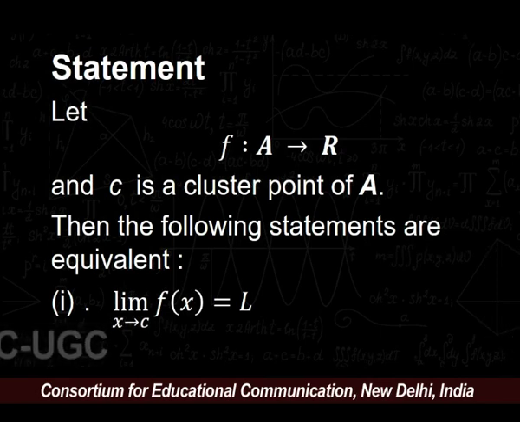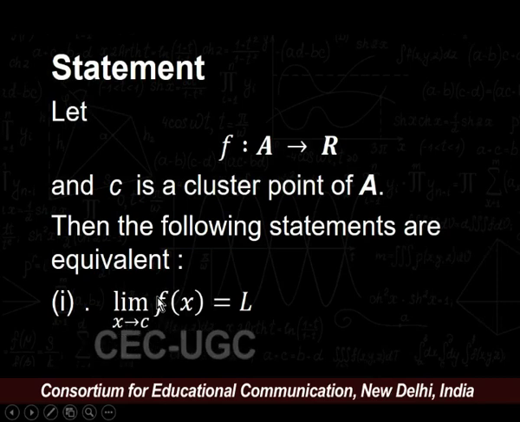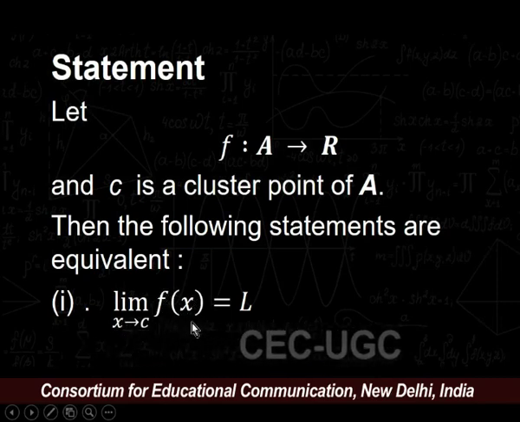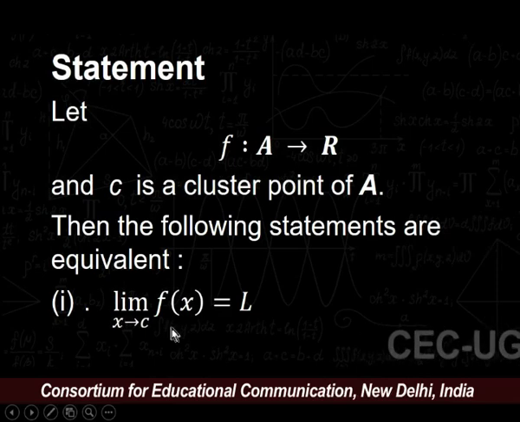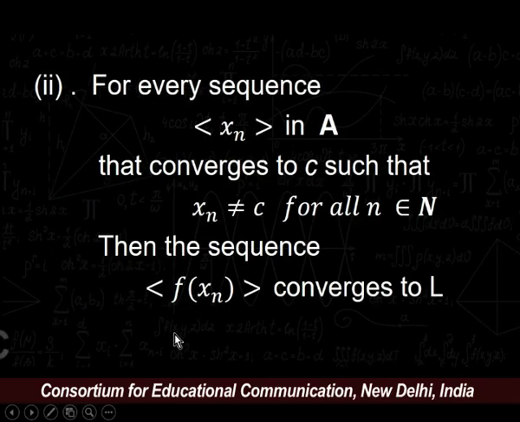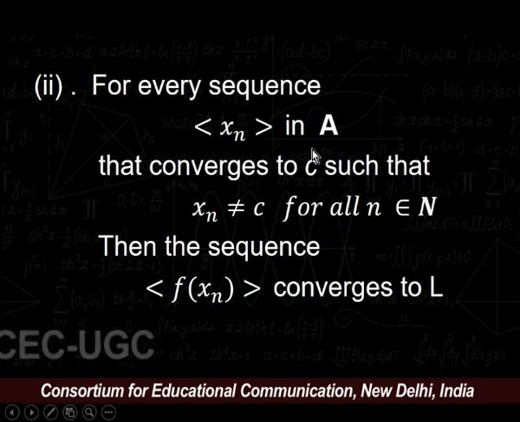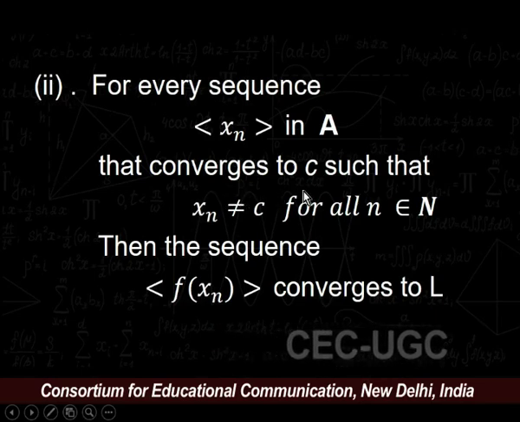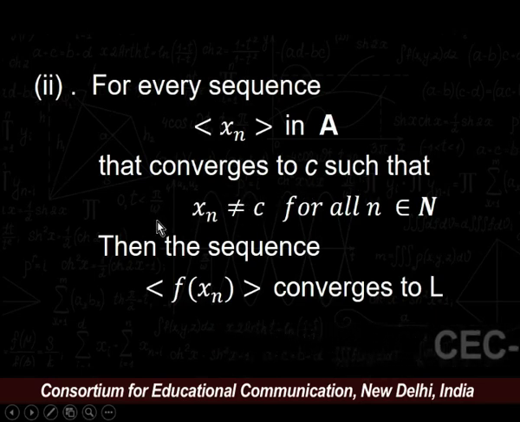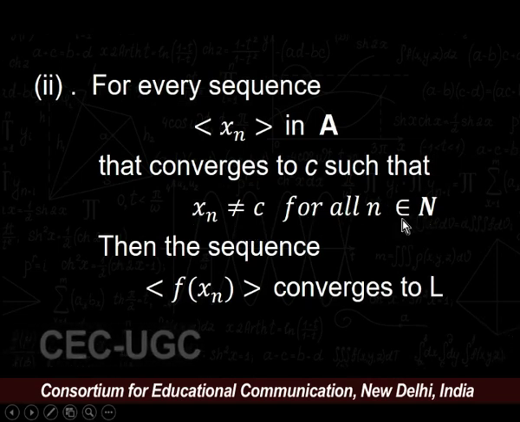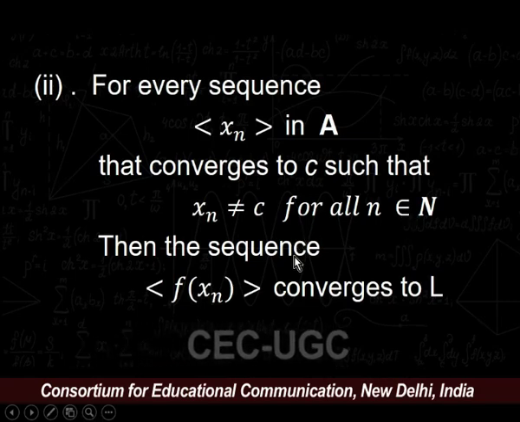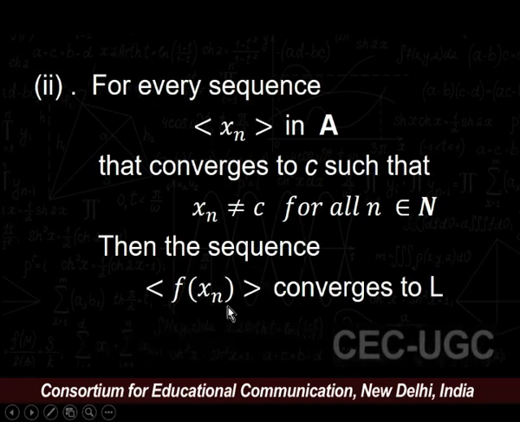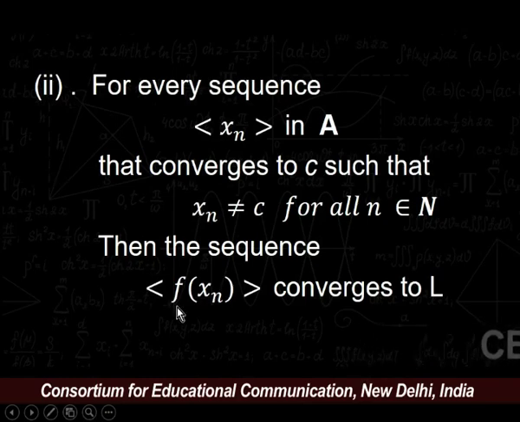Our first statement is the limit of a function f is equal to L at point C, and for every sequence xn in A that converges to C, such that xn is not equal to C for all n belongs to natural numbers, then we must have the sequence f of xn converges to L.